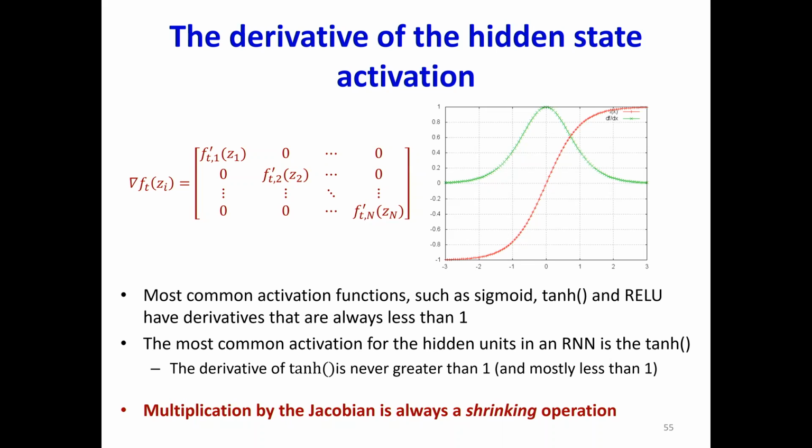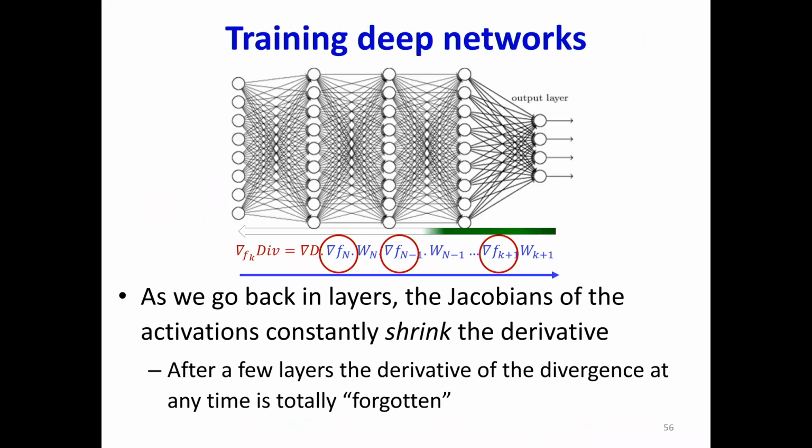So what happens to a vector if I multiply it by a diagonal matrix whose diagonal entries are all less than 1? The vector will shrink, correct? So multiplying by the Jacobian is always a shrinking operation, right? If I go back to this equation for backpropagation, every one of those circle terms shrinks my derivative.